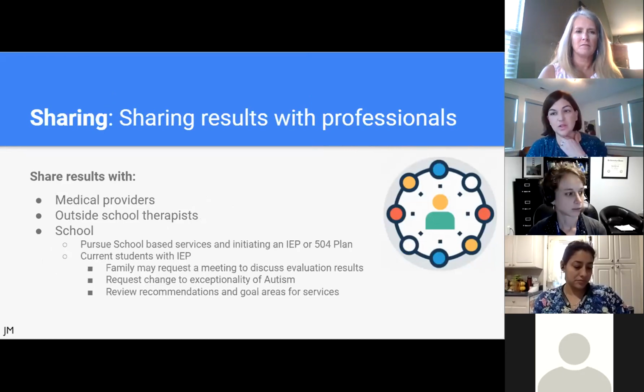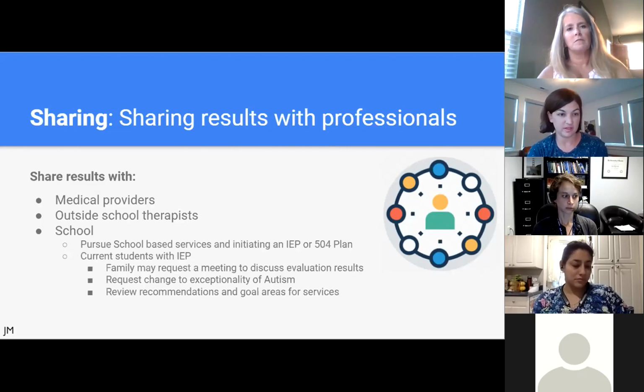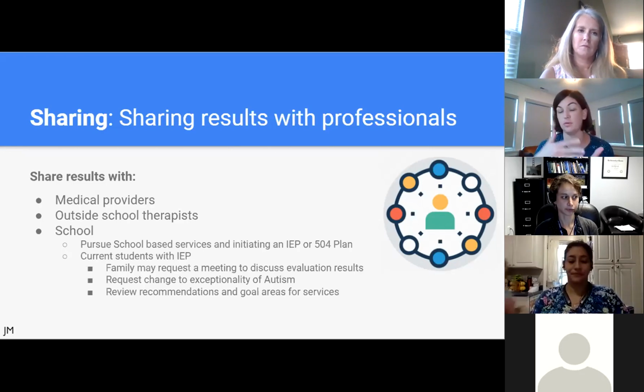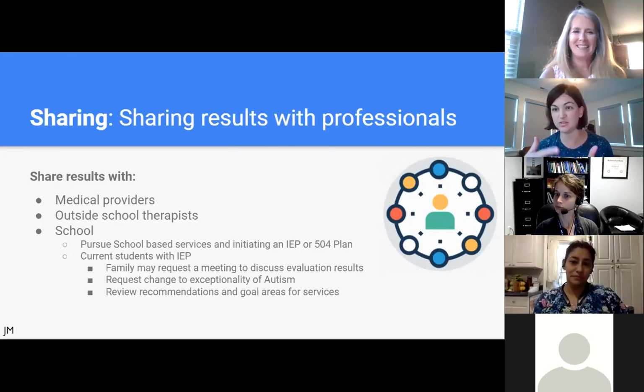Excellent. So again, it is a personal decision, but to get a comprehensive team around the child or the individual, sharing these results with medical providers is very important. Outside school therapists, often in the diagnostic reports, we are making recommendations for goal areas or intervention approaches.